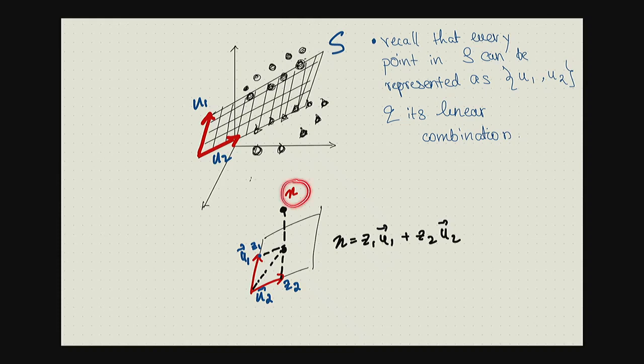And to calculate the projection of x onto the subspace, we just need to find the value of alpha 1, or in this case Z1, and consequently alpha 2 or Z2, that represents the strength of the projection of this point along each of the unit orthonormal basis vectors. And to get Z1, we're just going to do U1 transpose x, and Z2 is going to be U2 transpose x.